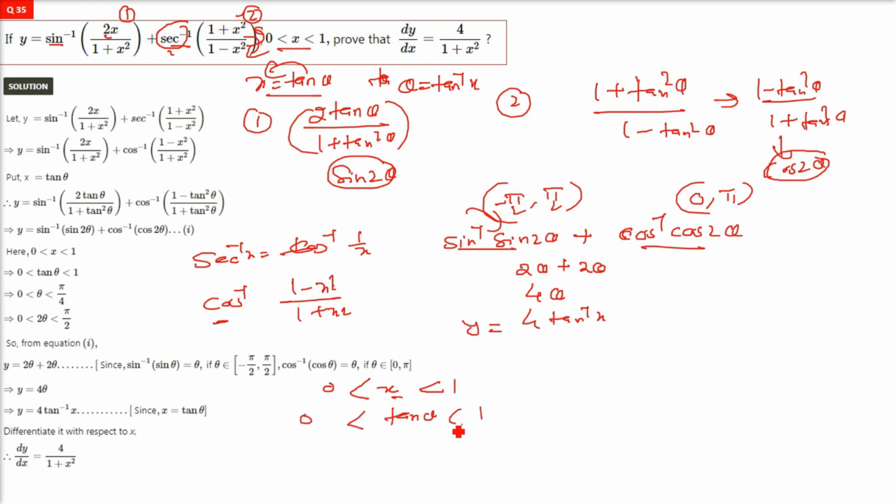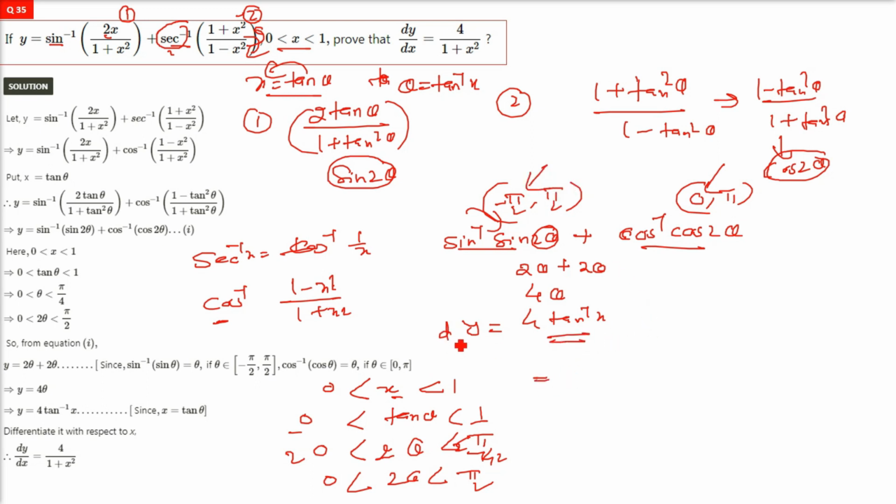Now apply tan inverse to find the value of theta. So theta will be between 0 and pi by 4. Now we need 2 theta, so multiply by 2 everywhere. So 2 theta will be 2 into 0, which is 0, and 2 into pi by 4, which is pi by 2. So 2 theta is between 0 and pi by 2, which lies between 0 and pi and between minus pi by 2 and pi by 2. So we don't have to worry.